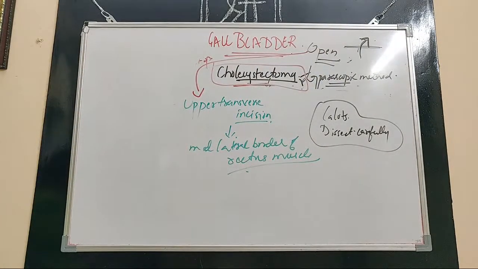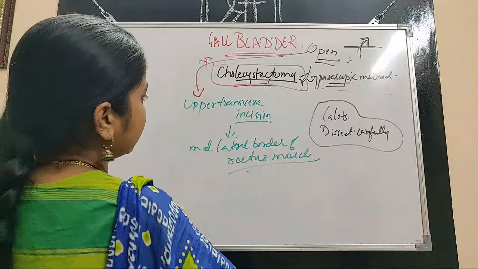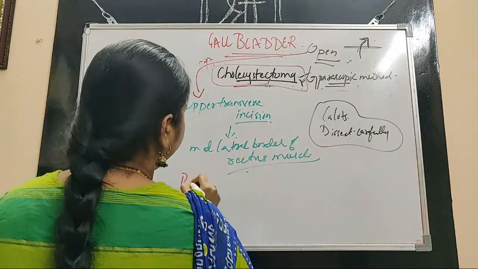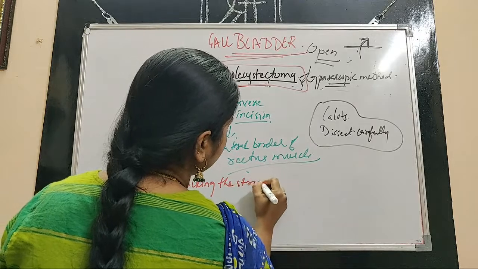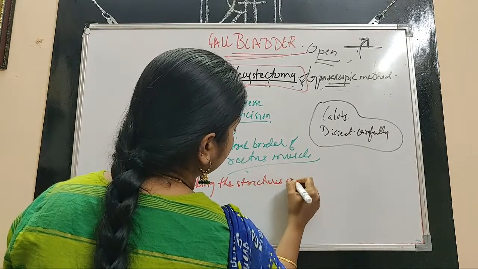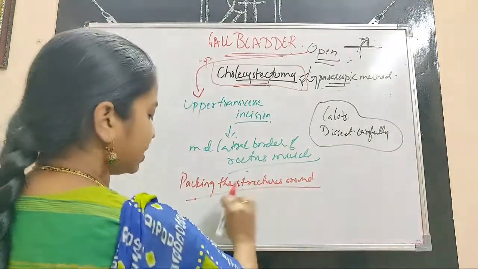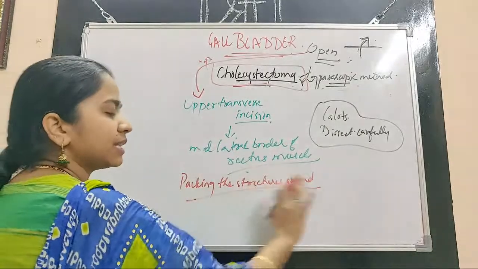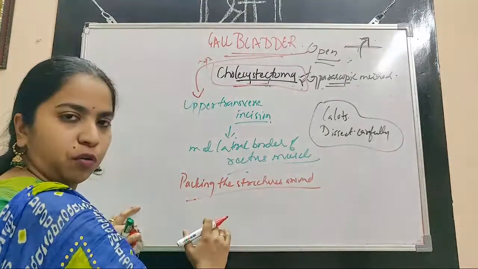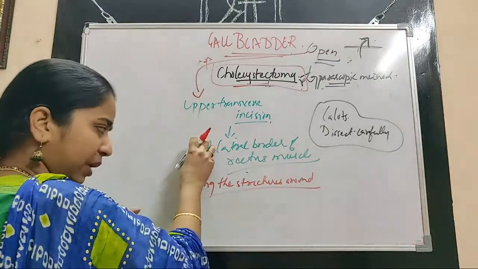Now once the incision is made, the next thing we will be doing is packing the structures around. The incision is made, it is open, we have the surrounding structures. So these are packed, like we have the hepatic flexure of colon, we have the duodenum coming there, we have the lesser omentum.